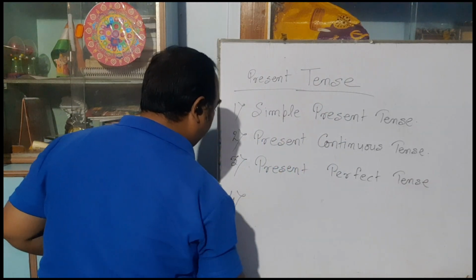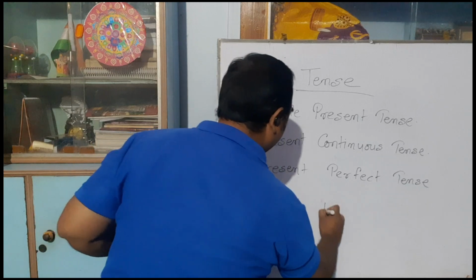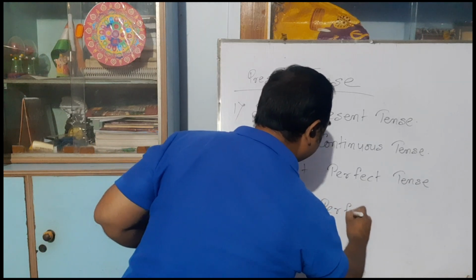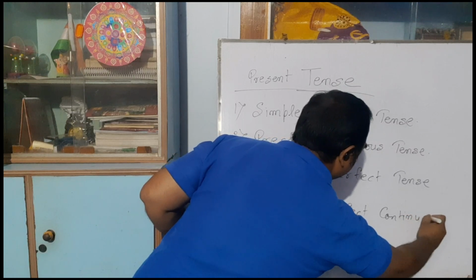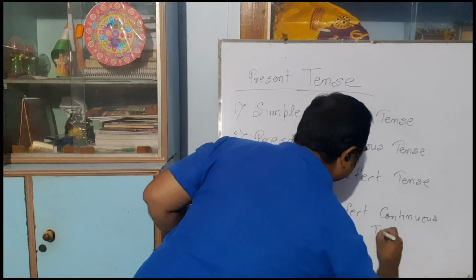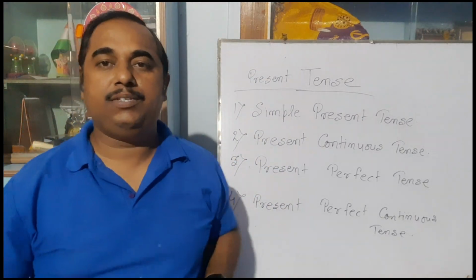And the fourth one is called present perfect continuous tense. So there are 4 types of present tense.